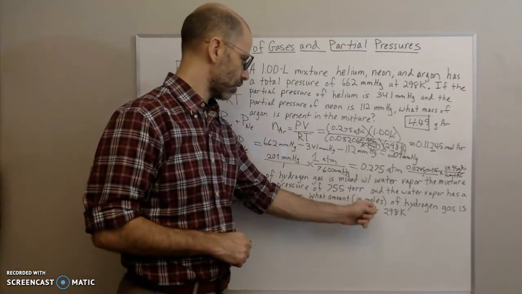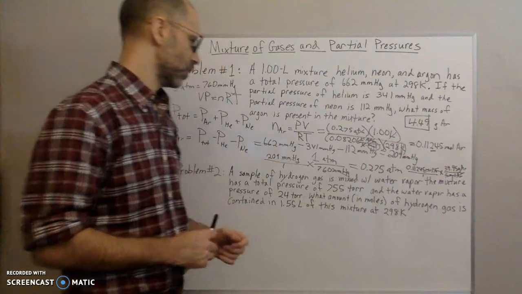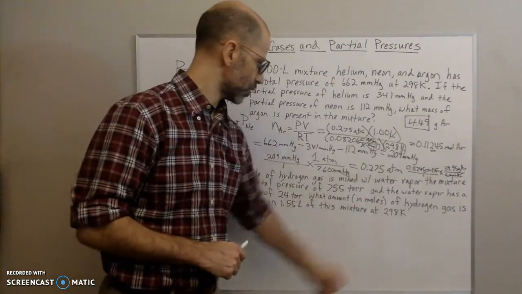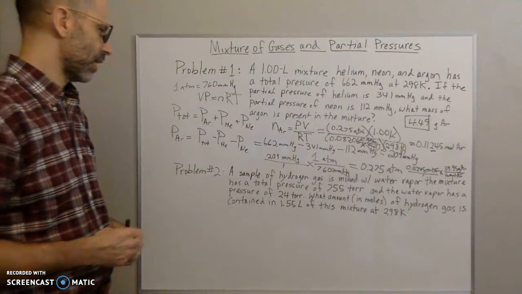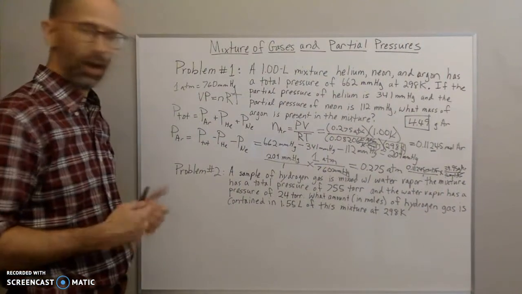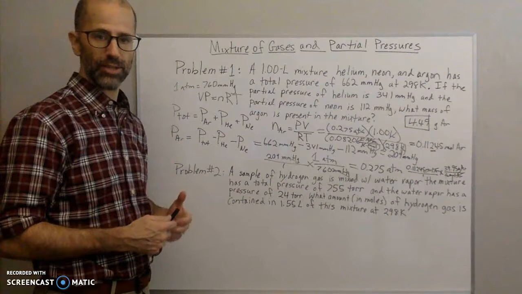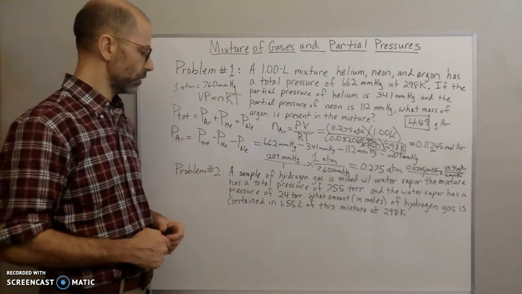Okay, so they're asking us to find the amount in moles of hydrogen gas. Well, they give me the liters, the volume, the temperature, and if I had pressure, then I could use the pressure with the ideal gas law and I could find moles.